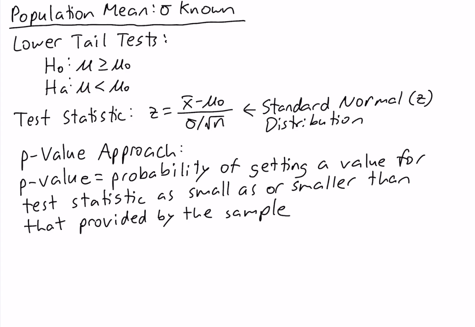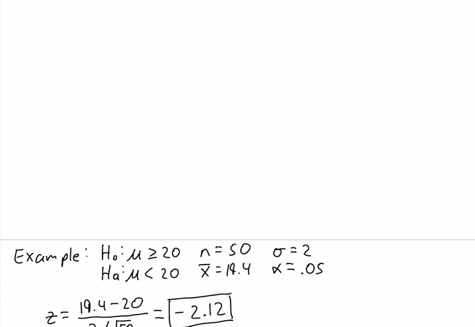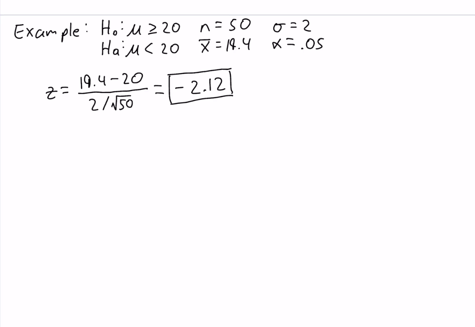So the key here, what makes this the p-value for a lower-tailed test, is this part here, as small as or smaller. So our p-value is the probability of getting a test statistic that's as small as or smaller than the value provided by the sample. Now, the value provided by the sample is negative 2.12.